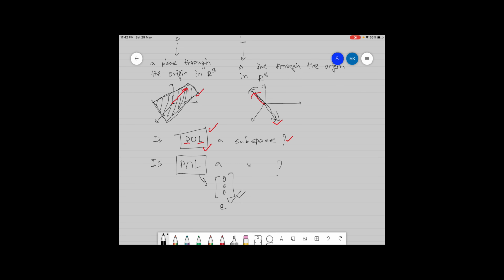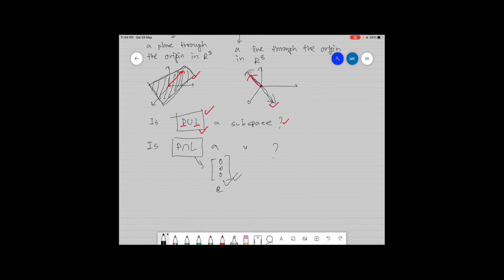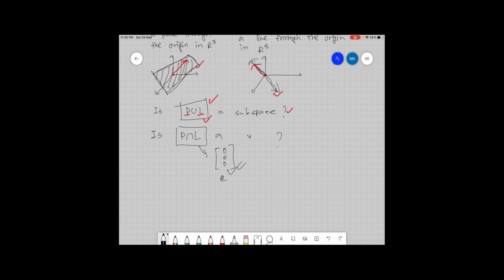Alright. So that fulfills the two requirements, and we have the origin as a vector space. So this was the discussion of two subspaces intersecting in R3.